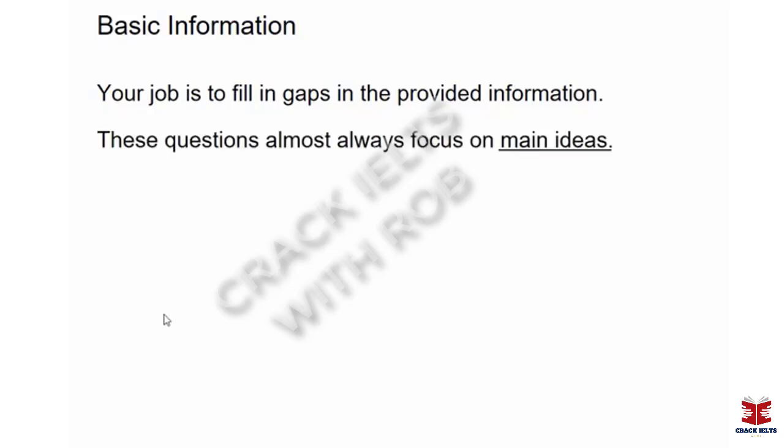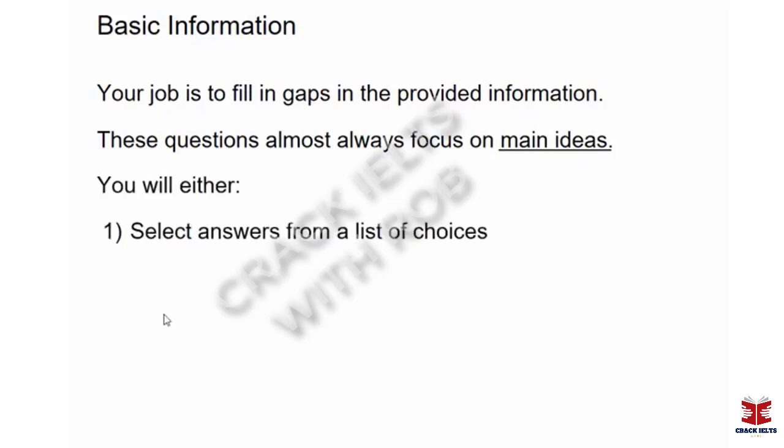The question types in this category all usually focus on main ideas. So it's rare that you'll have to listen for a very, very small detail, but it's possible, and there's no guarantee it's all going to be main or basic ideas. So you just need to study what's there and look for what kind of information to listen for in the passage.